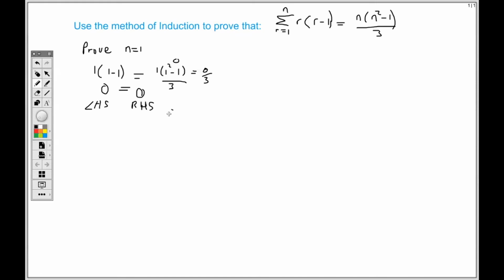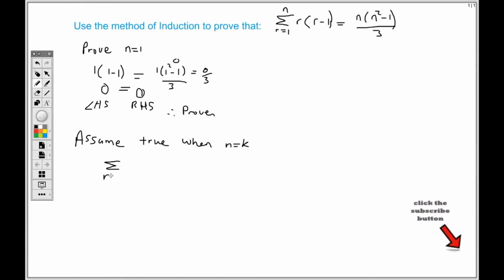Now we have to prove for n equal any number. So let's assume that it is true for n equals k. So the next step is to assume true when n equals k. So n equals k means that we're going to sum from 1 to k.